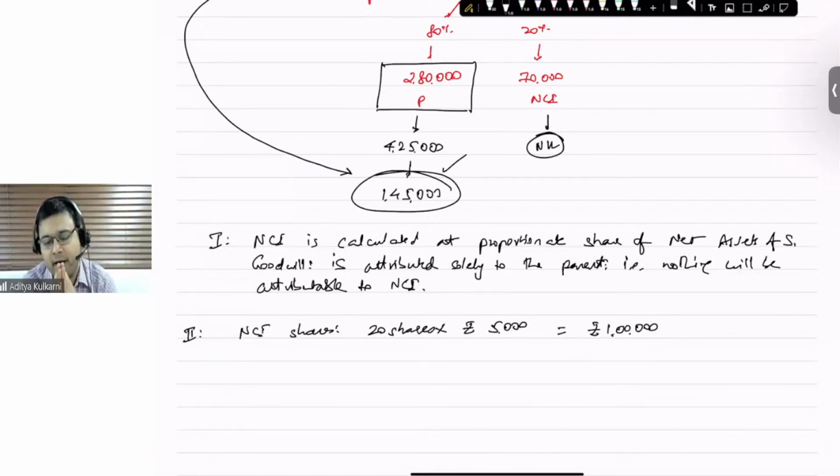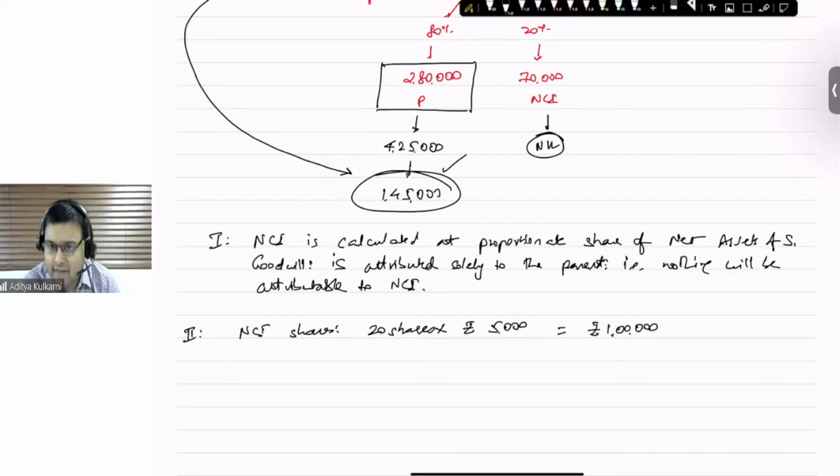Have you understood this? So this is the second alternative, wherein I can measure NCI at the market value of the shares, which is 1 lakh rupees in our example.